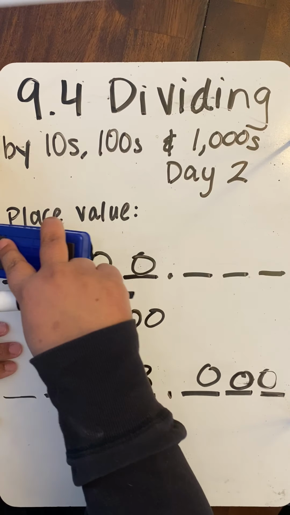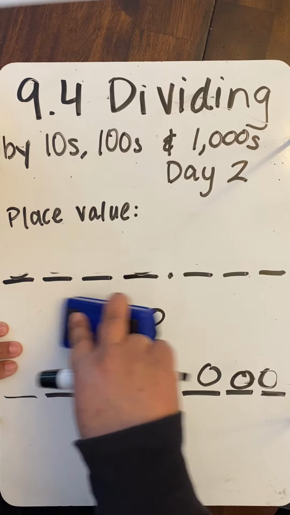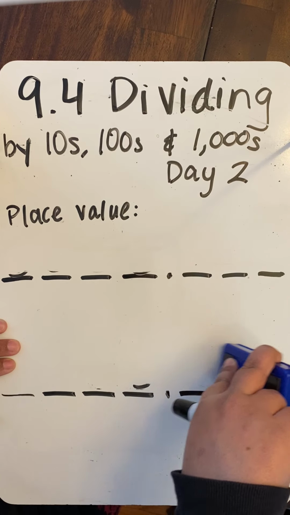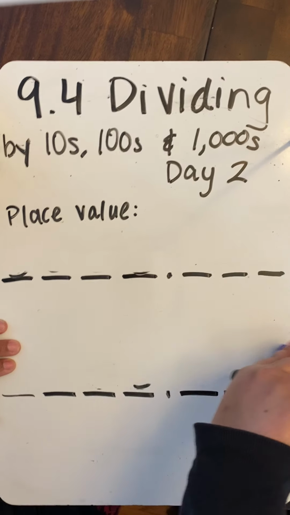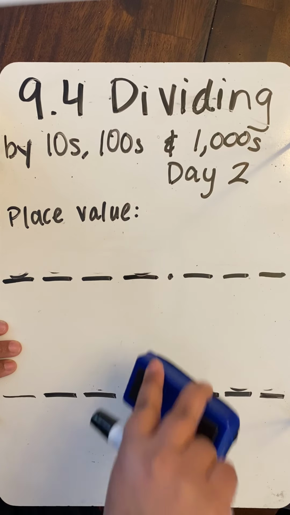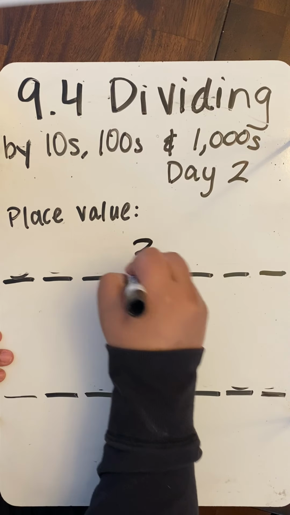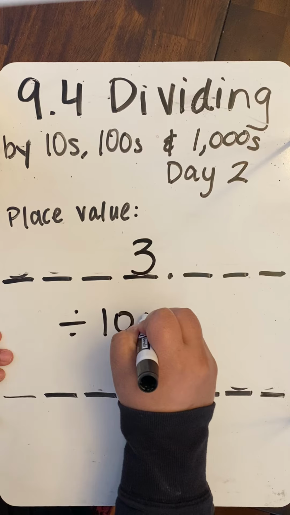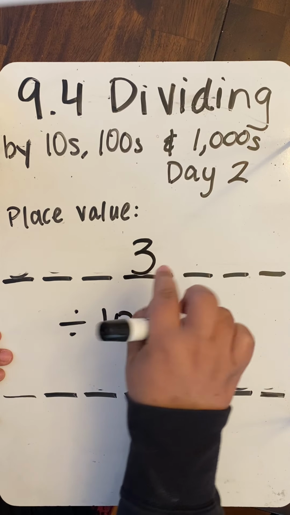So then let's see what happens when I have the number 3 and I divide by 100. It's going to shift.